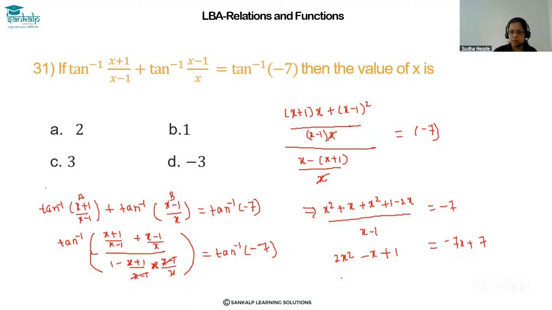So now move all the terms to this side. It is 2x square plus 8x minus 6. Is it correct?